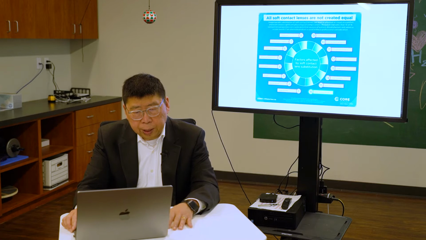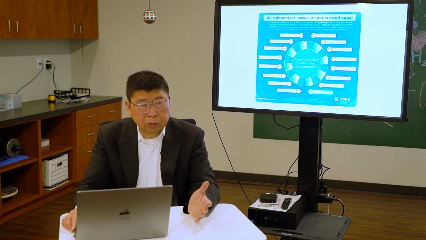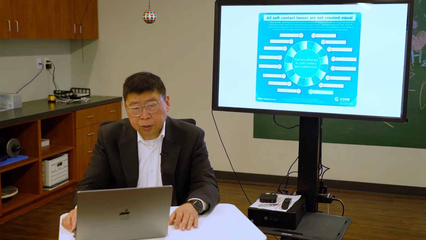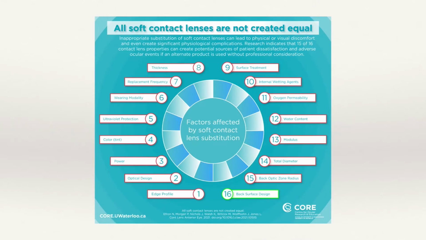When you look at soft contact lenses, and I'm not talking about the more complex hard lenses or gas permeable lenses, just the soft lenses, there are potentially 16 different parameters to determine. For each individual lens, there are 16 different factors you have to calculate in order to consider that lens a good fit.